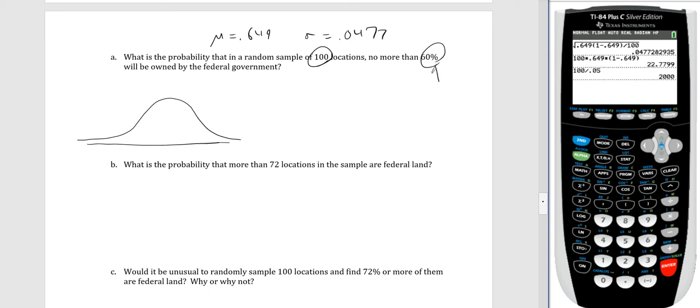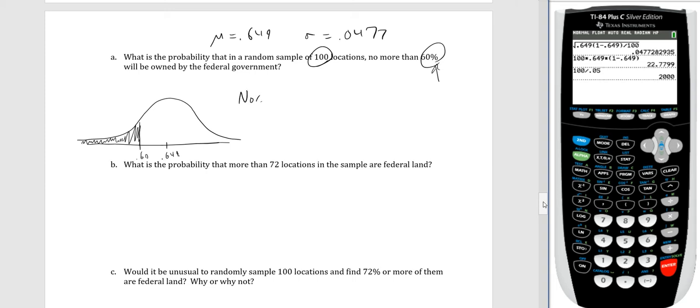So that 60%, which is how much is owned by the federal government, is a value on the x-axis, and it would be somewhere below 64.9. So I'm going to say 60% is somewhere down here, and we're trying to find no more than that, so the area up to 60%.